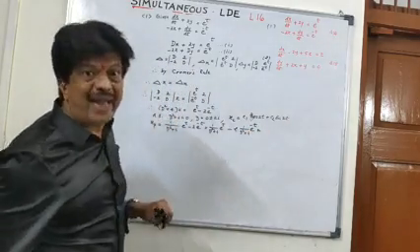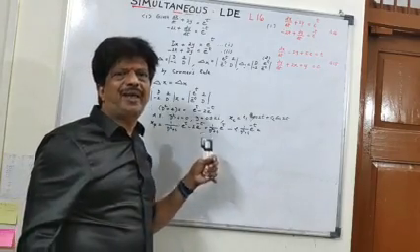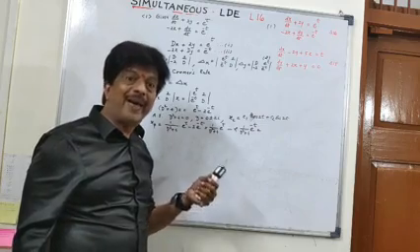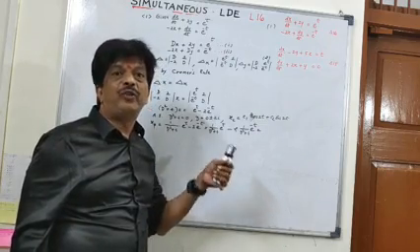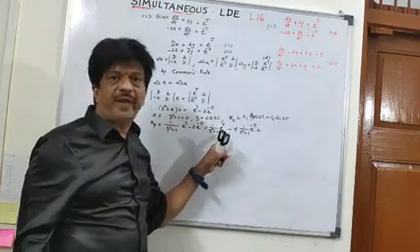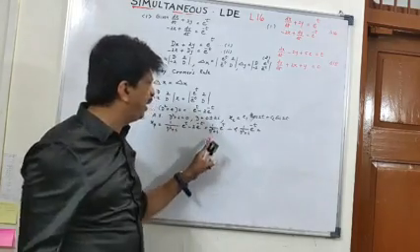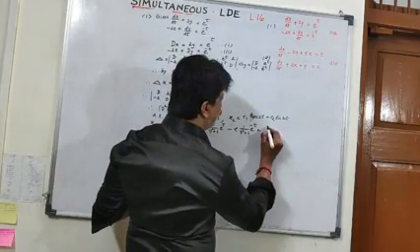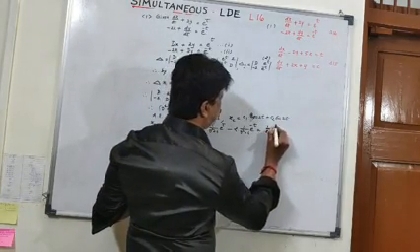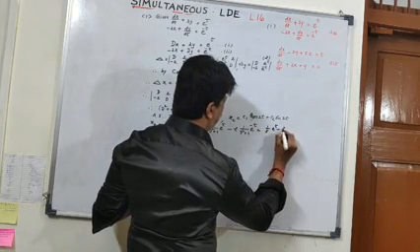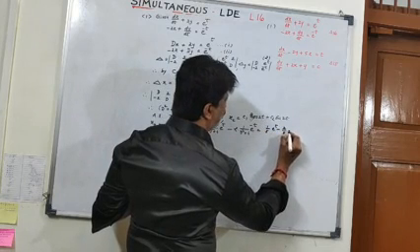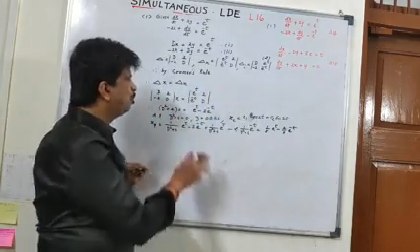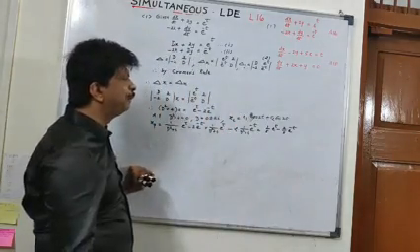It is an exponential case shortcut formula in which we replace capital D by the coefficient of t. Here the coefficient of t is 1, whereas it is minus 1. So here replacing d square by 1. 1 square is 1, 1 plus 4 it is 5, e raised to power t by 5 minus 2 by 5 e raised to power minus t. Minus 1 square is also equal to 1. So this is the particular integral.